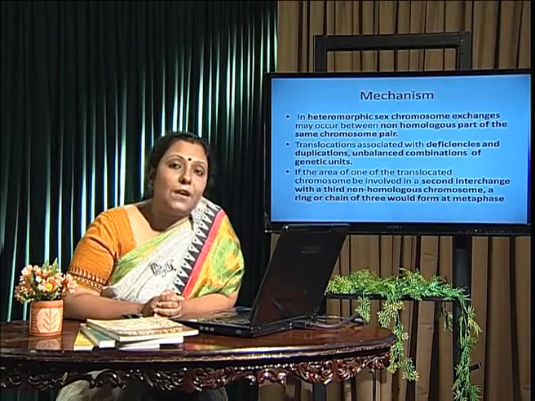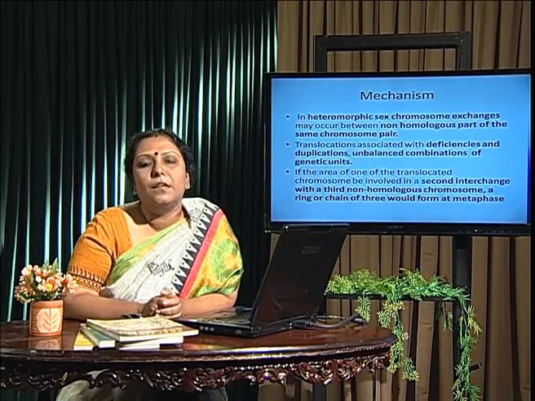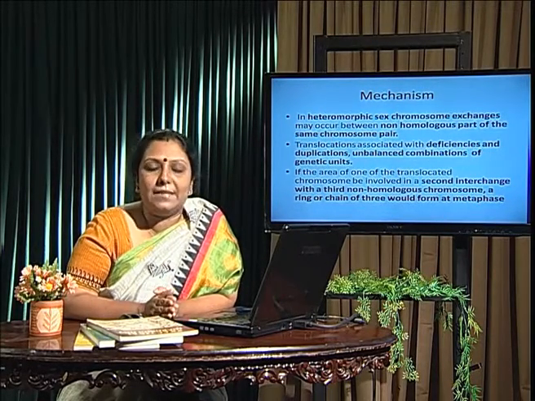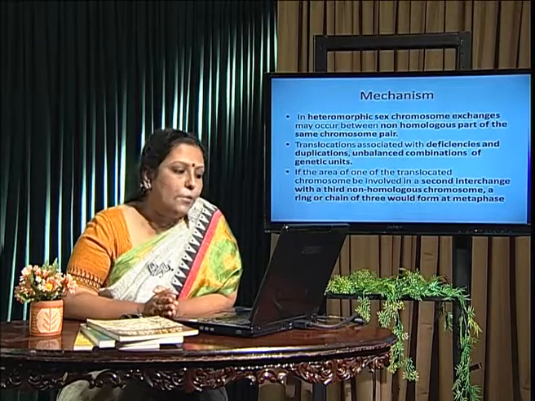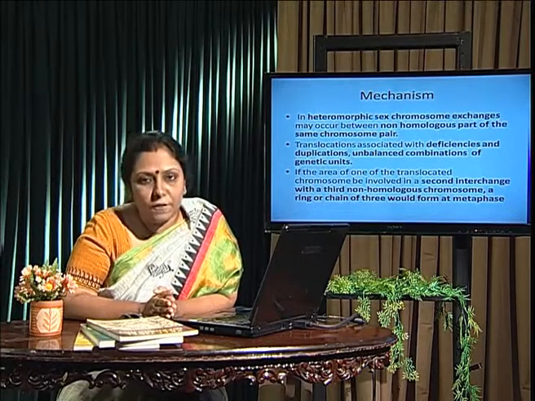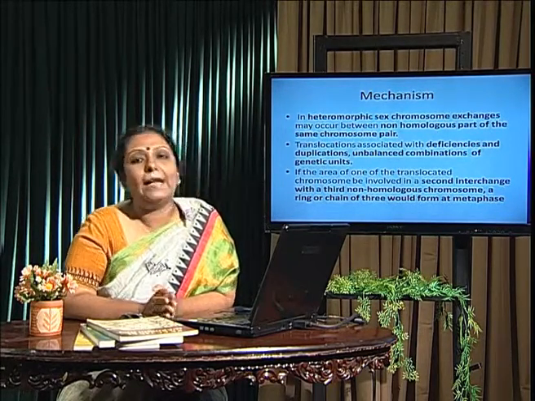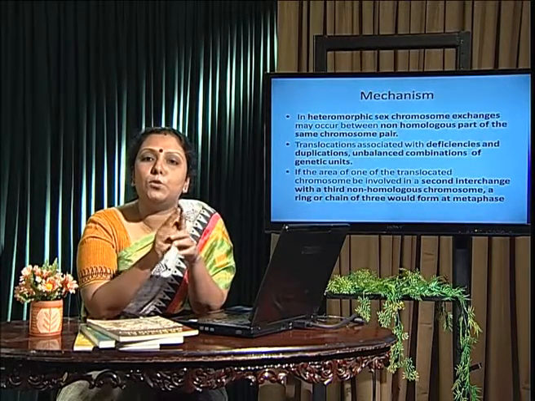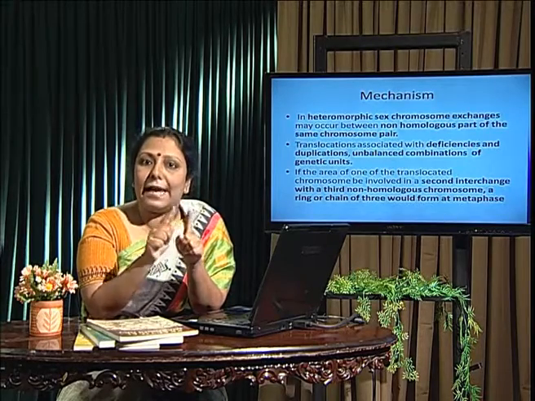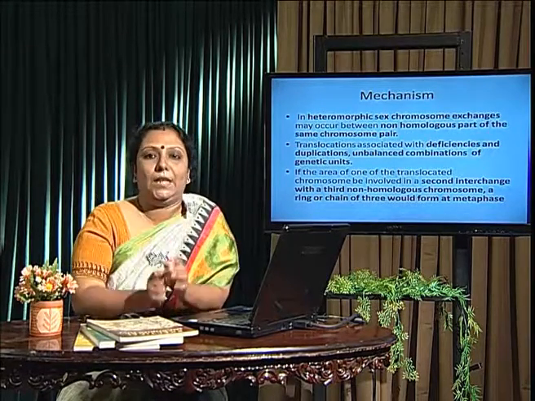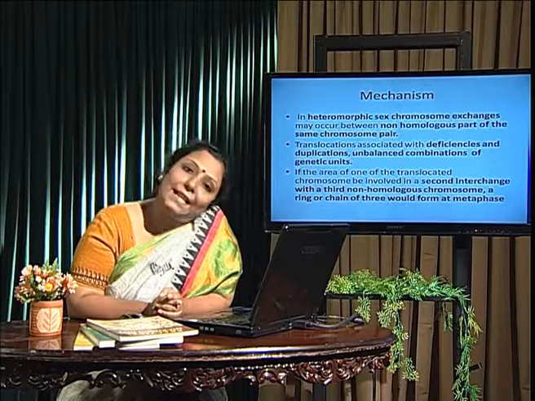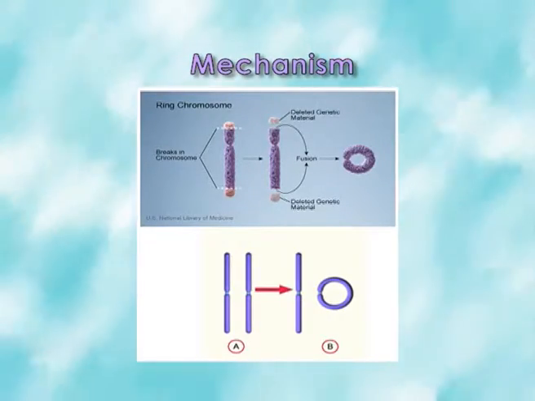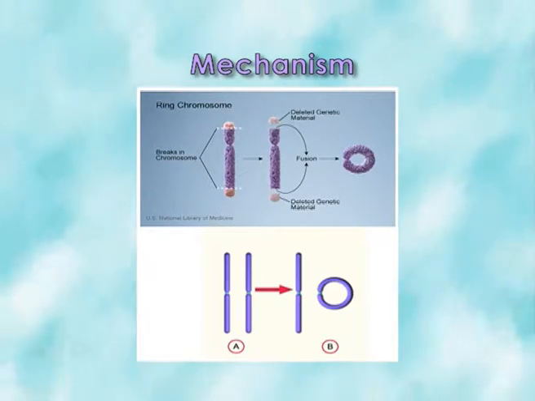In Robertsonian translocation, balanced gametes are usually maintained and no lethal effects are found. But unbalanced combinations of genetic ratios are also formed. After an interchange between two chromosomes, the first can do a second translocation with a third chromosome by formation of a ring or chain, and it may be related to deletion and deficiency as well.